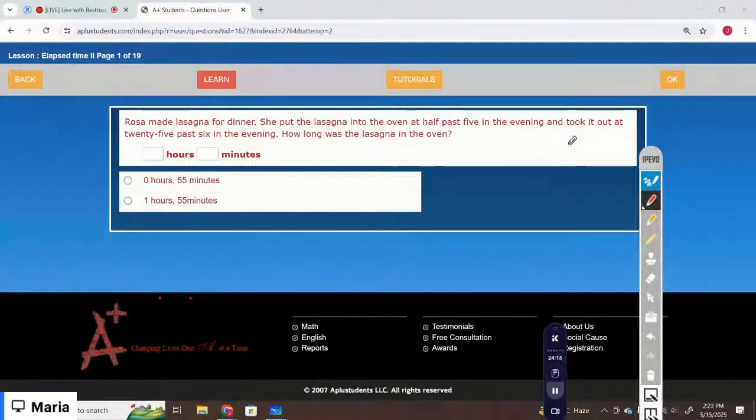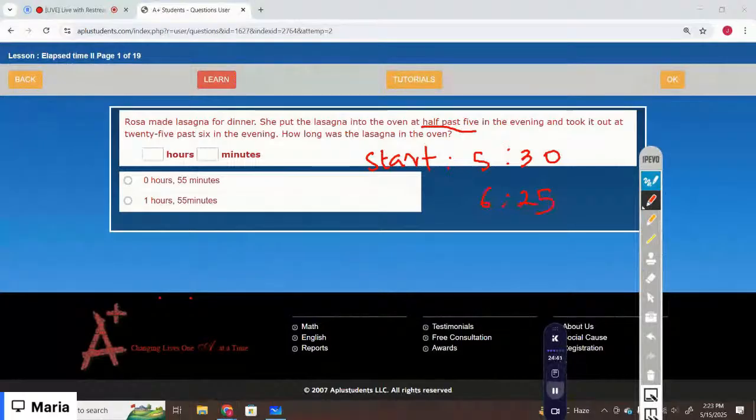So she put it in the oven at 5:30, that is the start time, and took it out at 6:25. How long was the lasagna in the oven? So we need to find the elapsed time, right?